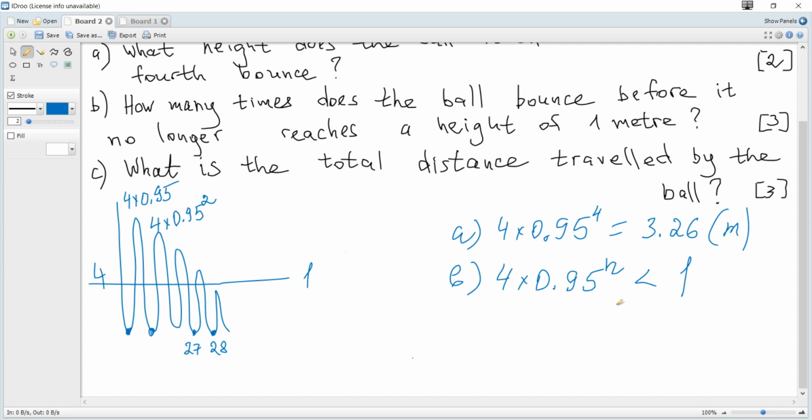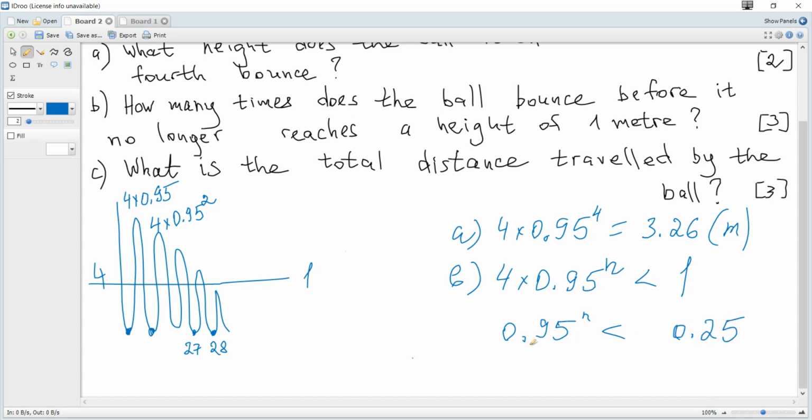How it works: we need this to the power n to be alone, so we divide both sides by 4. And you remember, if you divide or multiply each term by negative value, you should flip an inequality sign. 4 is positive, so it remains the same. 1 over 4, or 0.25.